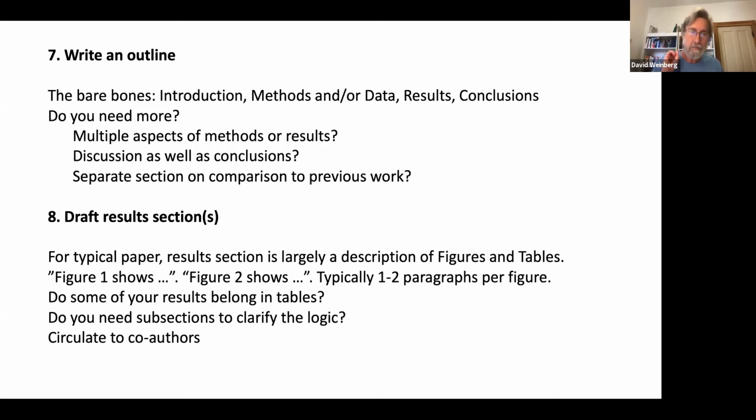And so part of what you're trying to do in your communications with them is provide multiple chances for this to burst onto their radar and get their attention and get their response to you. So this is another good circulate-to-co-authors point.